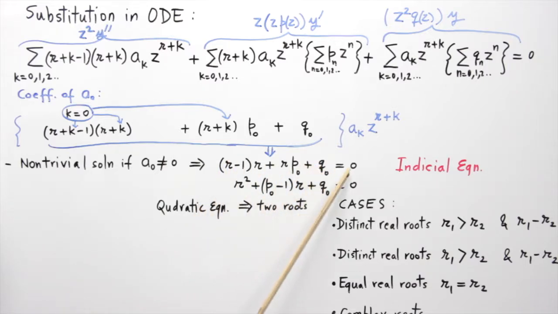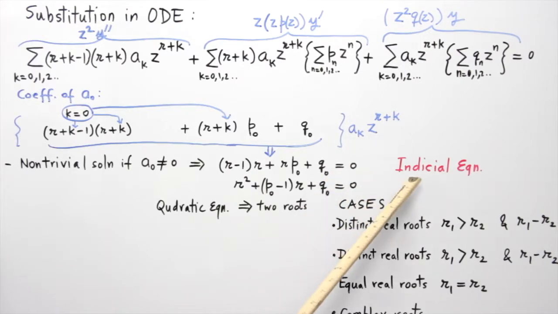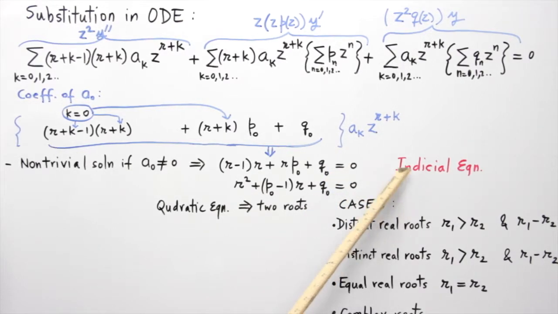So the sum of this must be equal to 0. This requirement that the coefficient of z to the r vanishes, so that a sub 0 is not 0, is called the indicial equation.